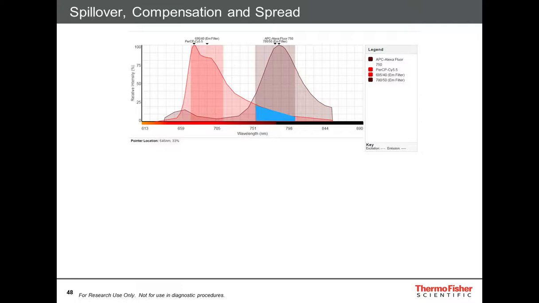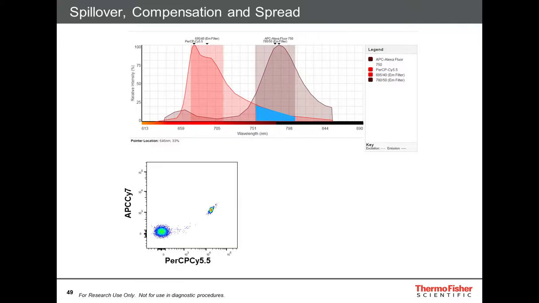So here are two fluorochromes that we use, PerCP Cy5.5 and APC Alexa 700. And here's the example of where the photons are that are emitted by one and detected in a neighboring PMT.